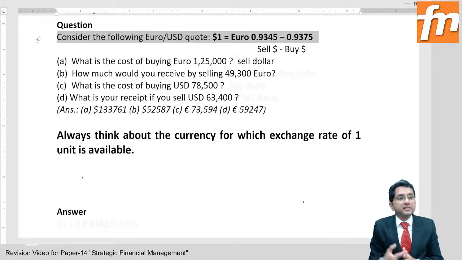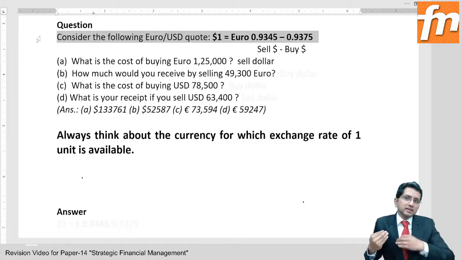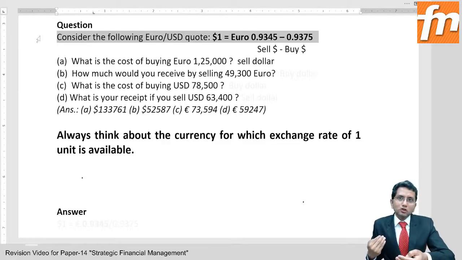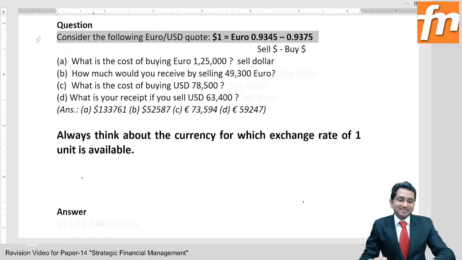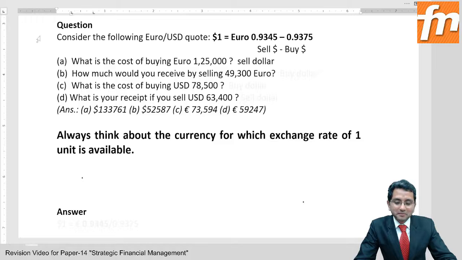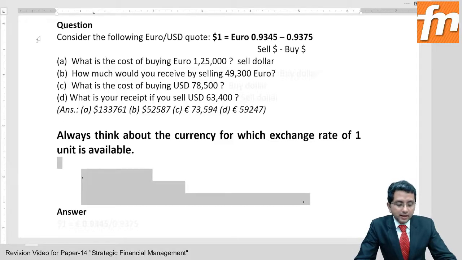Even if the question says buy euro, you'll say, okay, I am buying euro. It means I am selling dollar. So just think in terms of dollars, not in terms of euros. Question says sell euro. You'll say, okay, I'm selling euro. It means I'm buying dollar. This is one very important rule you keep in mind and your life will become simple.